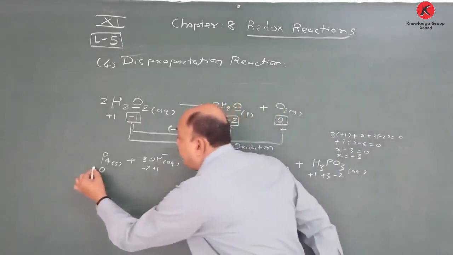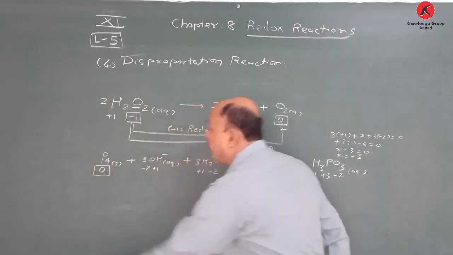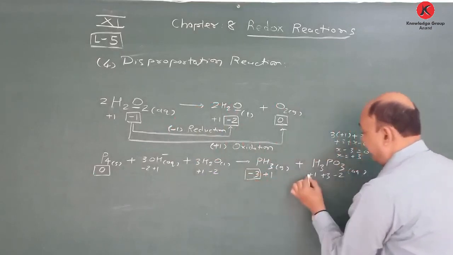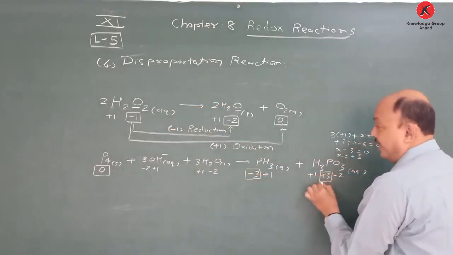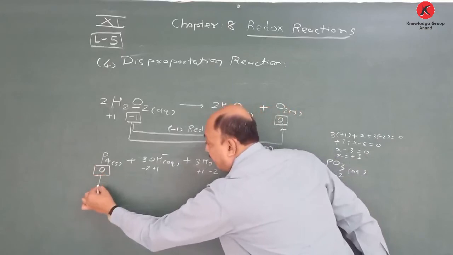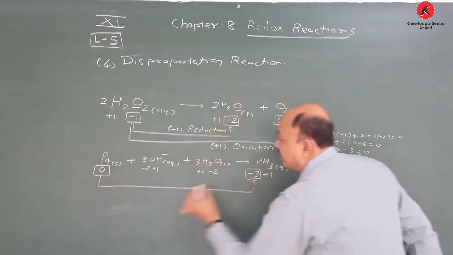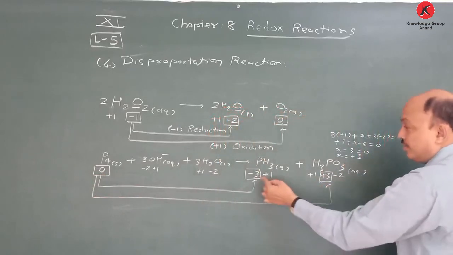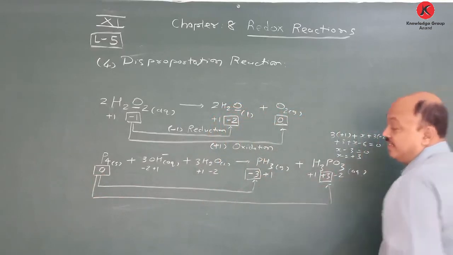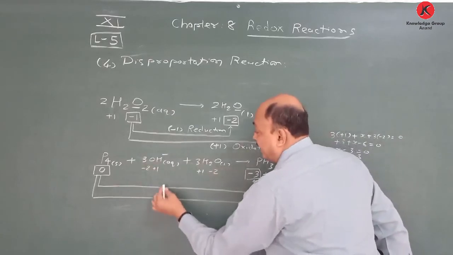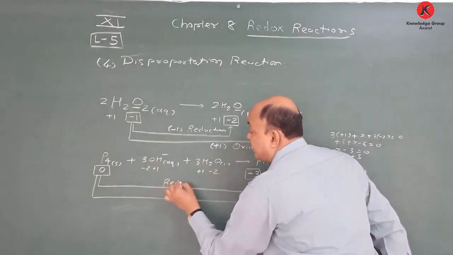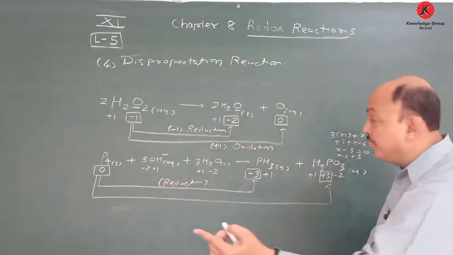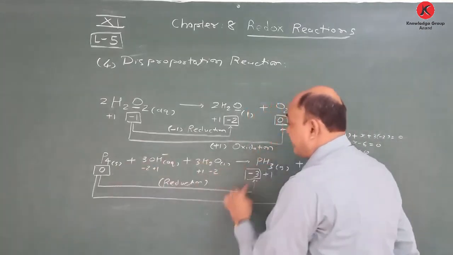So just to see, the P4 molecule is converted into minus 3 here and plus 3 here. Therefore, one element is undergoing both oxidation and reduction. 0 to minus 3 is considered a reduction reaction, because the oxidation number decreases.